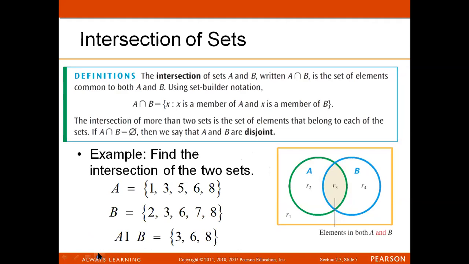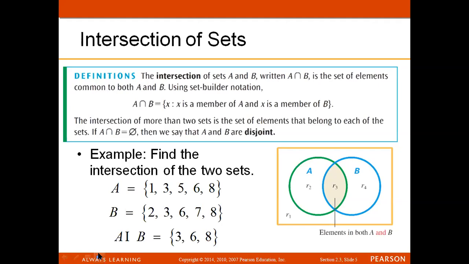Intersection of sets. Definition. The intersection of the sets A and B, written A intersect B, is the set of elements common to both A and B. Using set builder notation, we have the intersect symbol, which looks like the union symbol, but opening downward.